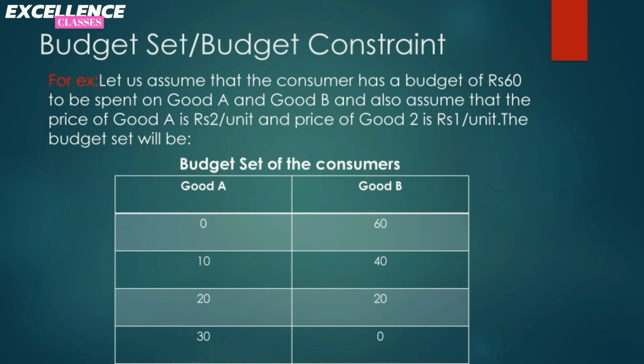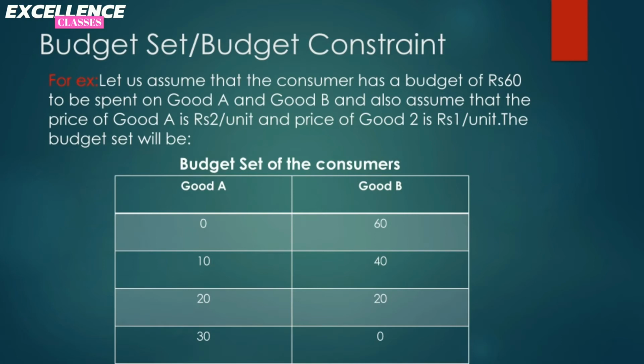The budget set or budget equation can be expressed as P1 into X1 plus P2 into X2 equals Y. P1 here is the price of good 1 and P2 here is the price of good 2. Similarly, X1 here is the quantity of good 1 and X2 here is the quantity of good 2. Y here is the income of the consumer.